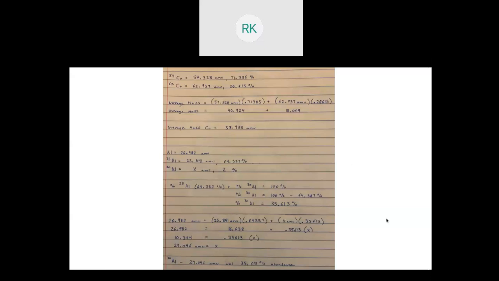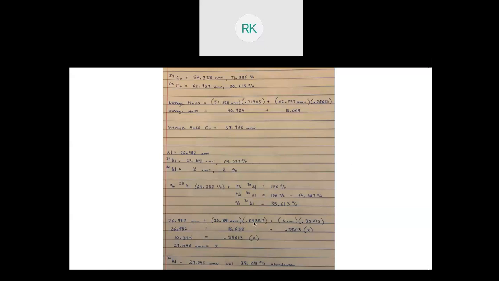So we found that aluminum 30 has to have a percent abundance of 35.6%. Now what we're going to do is input all the known information into our general average mass equation. The total average mass of aluminum is on the left side of the equation, so 26.98 AMU is equal to our mass of aluminum 25, which is about 25.8, multiplied by its percent abundance in terms of a decimal.